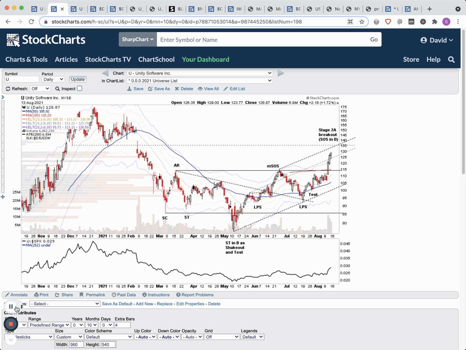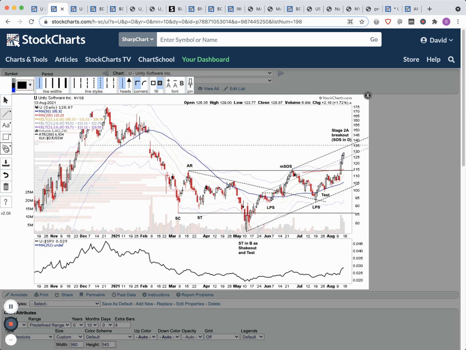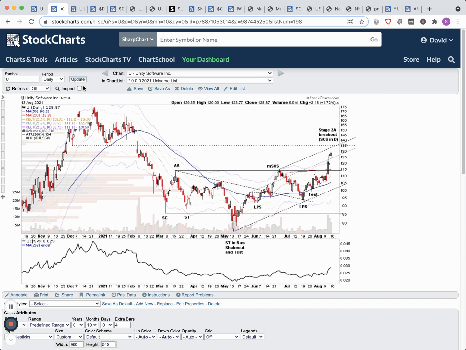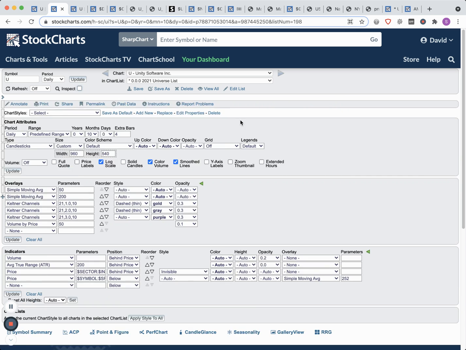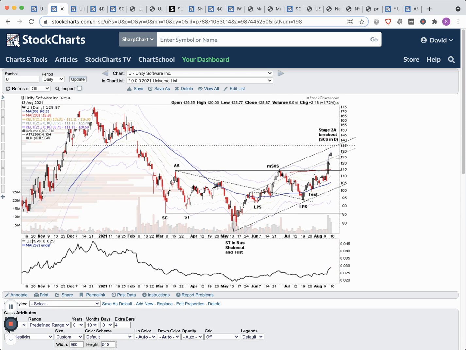If I stick a Fibonacci level on that quickly, going all the way to the top, you can see the 50% pullback would be right at the breakout level at 114-ish. That would be a logical point for the backup to form. So we'll be keeping an eye on how that develops.